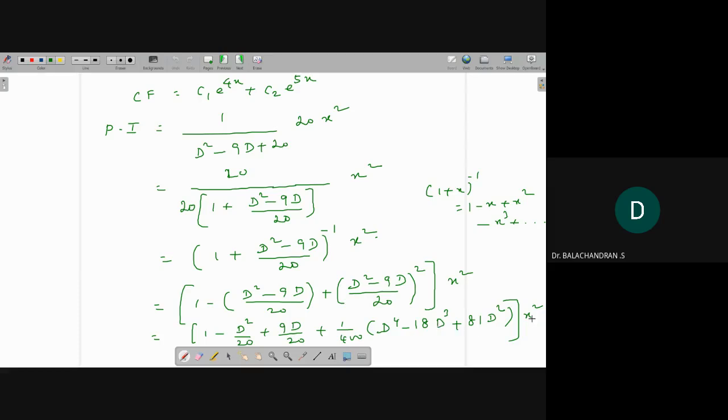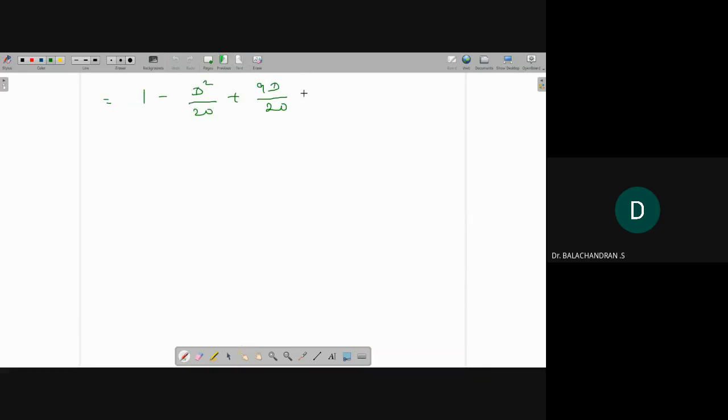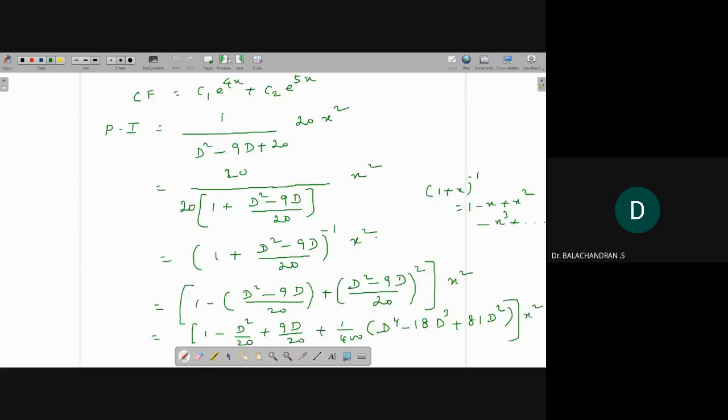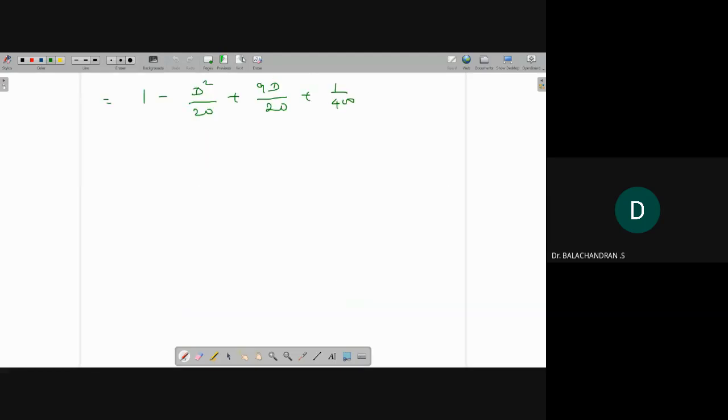But d square of x square is 2. So that's why I need this term. So 1 by 400 into 81 into 2.